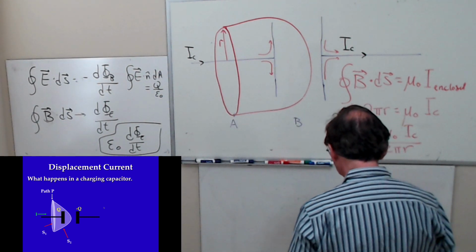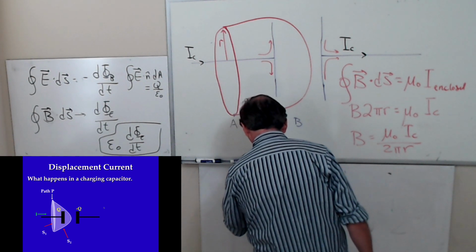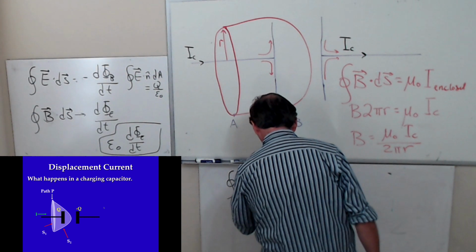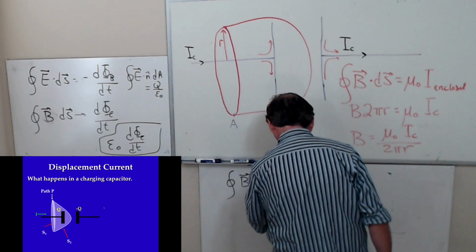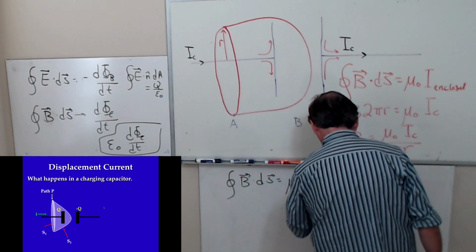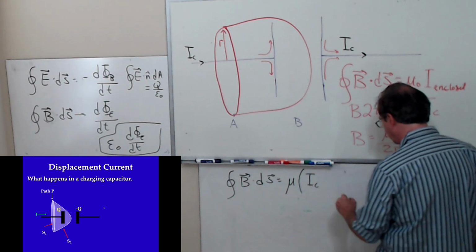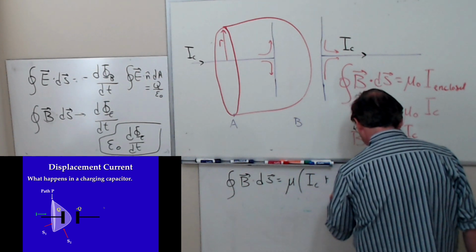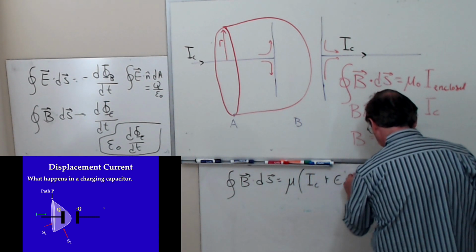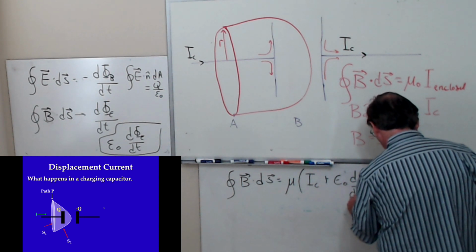And so what he did was say the integral of B dot dS is equal to mu naught times I, and I'm going to call it I sub c because this is called conduction current, plus epsilon naught d phi sub e over dt.